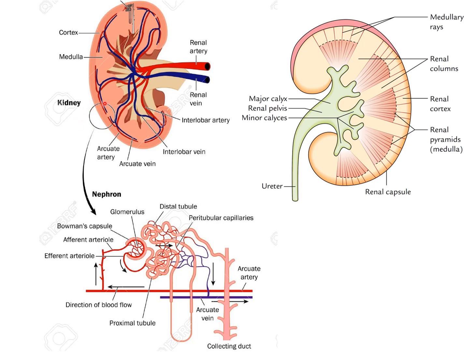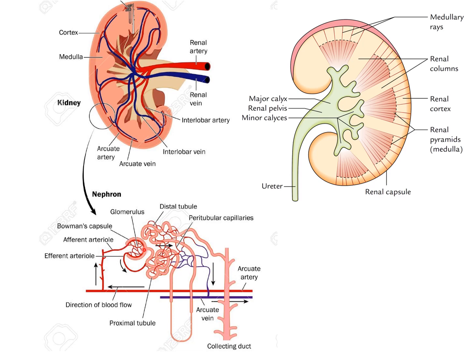If we look at the arcuate arteries, these are the arcuate arteries, the red and the blue one. So this is the arcuate artery, this is the arcuate vein. The arcuate artery gives rise to the interlobular artery. The interlobular artery gives rise to the afferent arteriole.